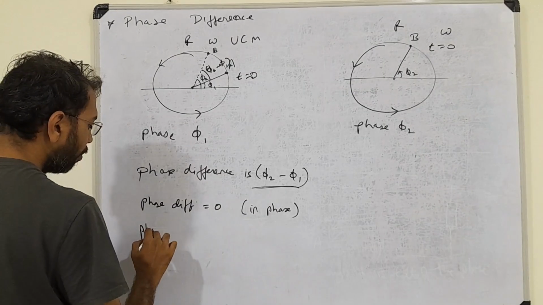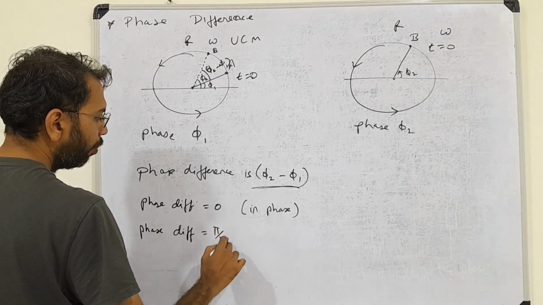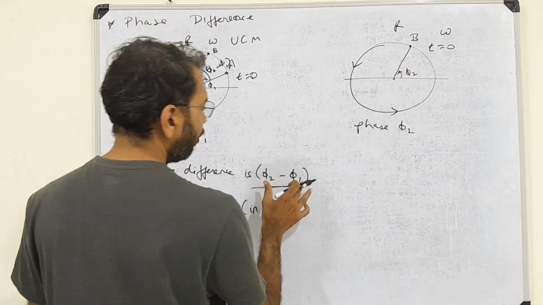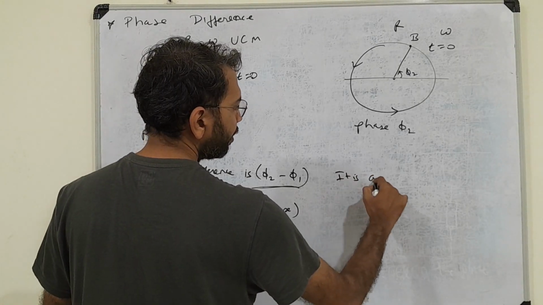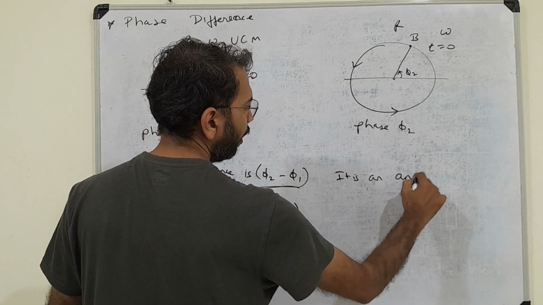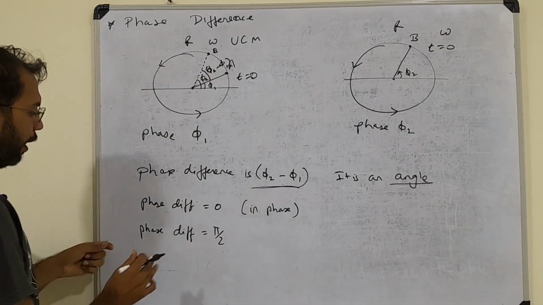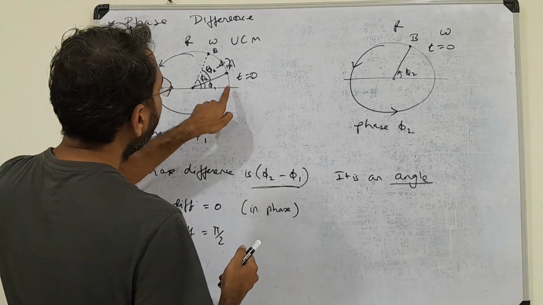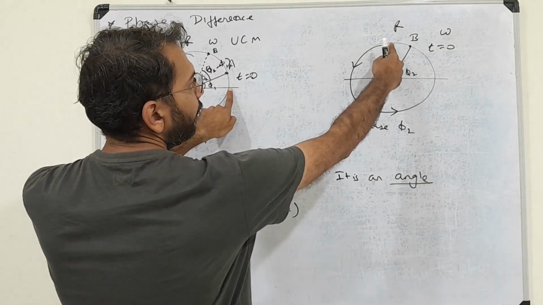So now let us talk about phase difference pi by 2. By the way, phase difference can only be an angle. Phase difference is pi by 2. It is an angle. Now if the phase difference is pi by 2, then what you have is the particle A is starting, say, at this position, the particle B is starting at this position.